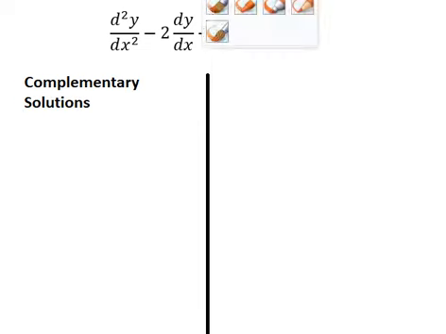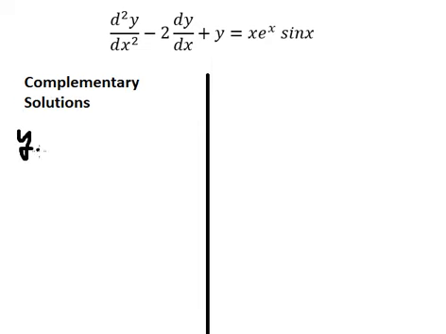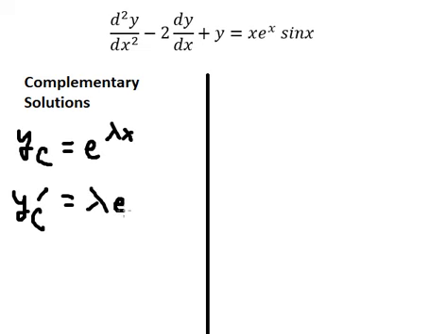So in this one, I will put yc equals e to the power of lambda s. Later, we need to do the first derivative of this one, and we have lambda e to the power of lambda s. So if we do the first derivative, we keep the same, and then we find the derivative of lambda s.